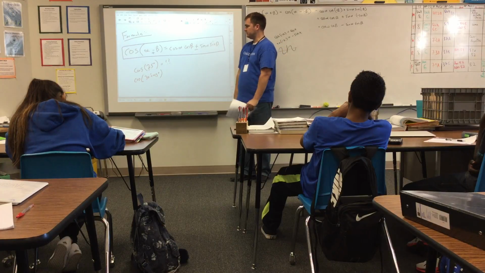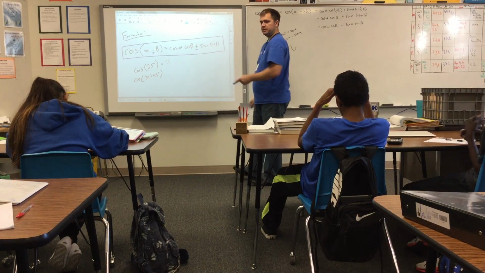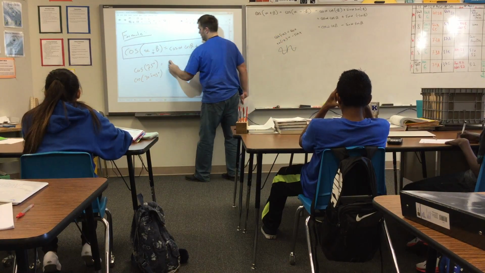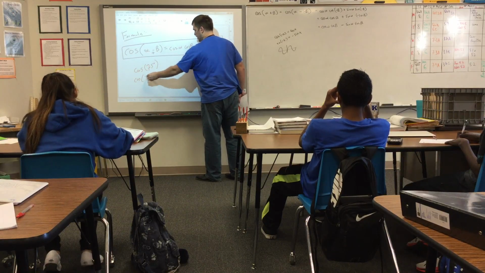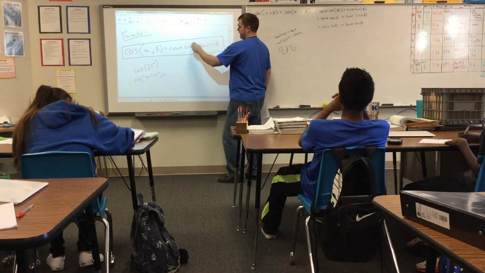Okay? So that allows us now to figure out what the cosine of 75 is. It's no longer a mystery. That's cosine of 30 degrees plus 45 degrees. So we can fill that out here.